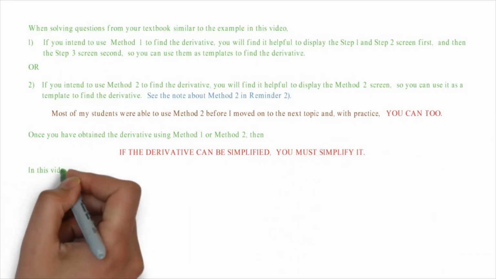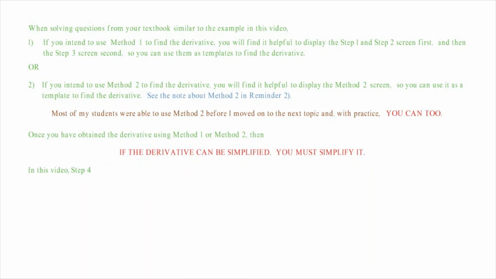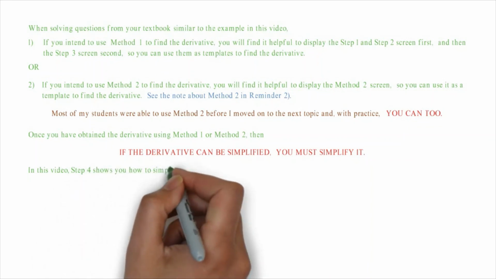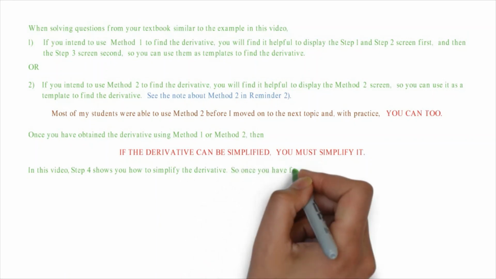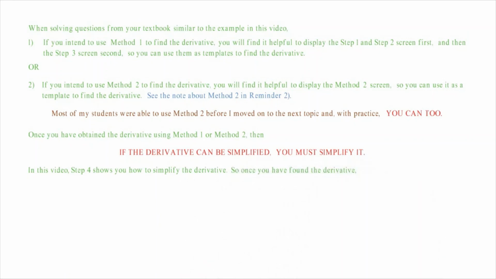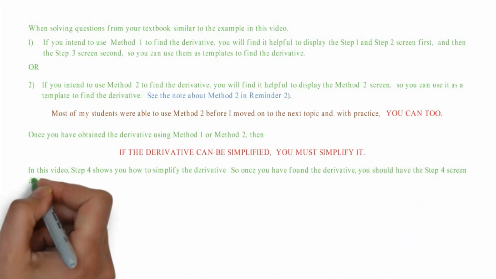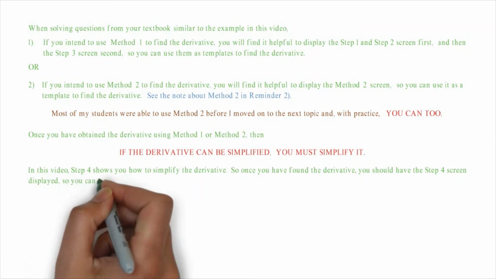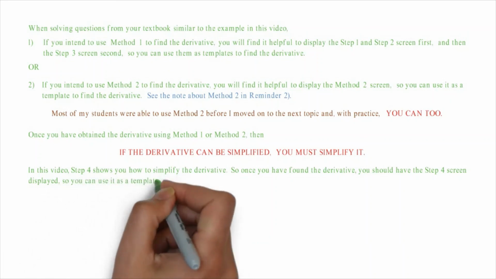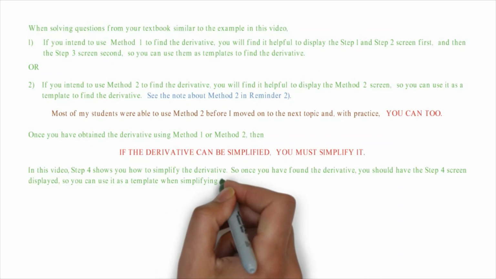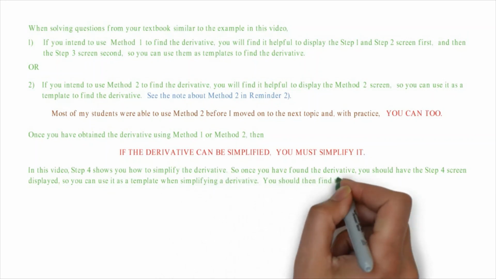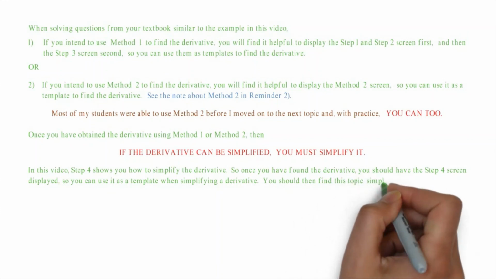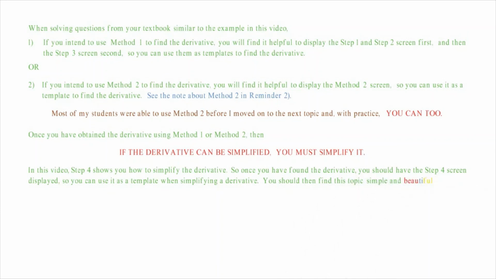In this video, Step 4 shows you how to simplify the derivative. So once you have found the derivative, you should have the Step 4 screen displayed, so you can use it as a template when simplifying a derivative. You should then find this topic simple and beautiful.